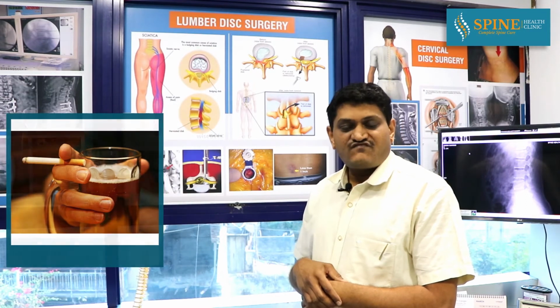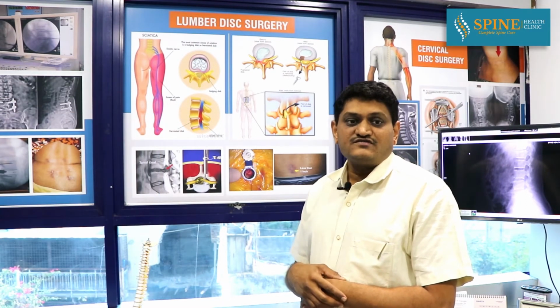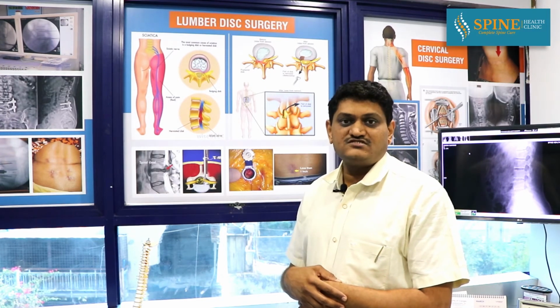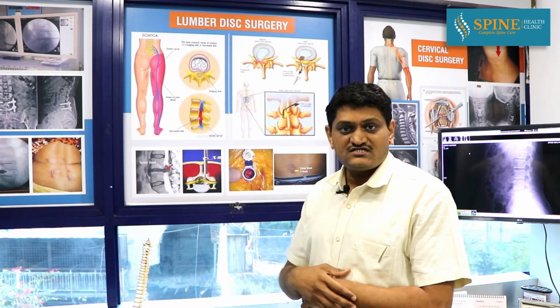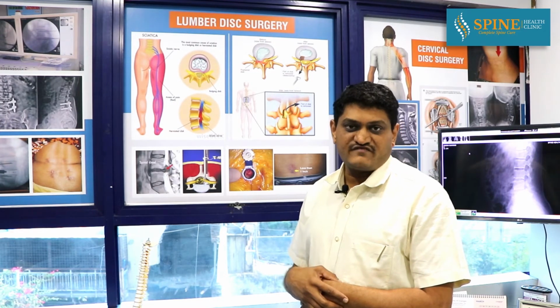All these things definitely put you at risk. And moreover, there is family history. If your mother, father, brother, or sister has a significant serious spine problem, then that is also an added risk factor for you.